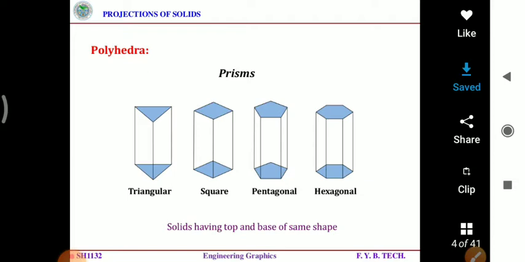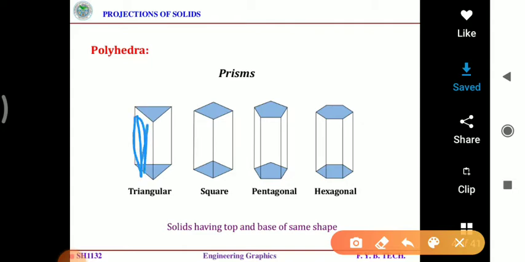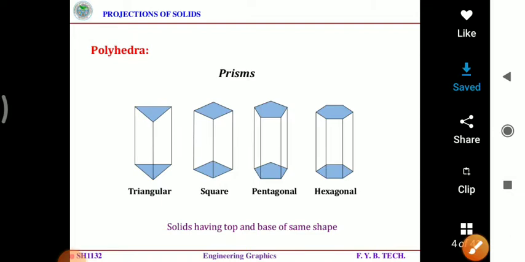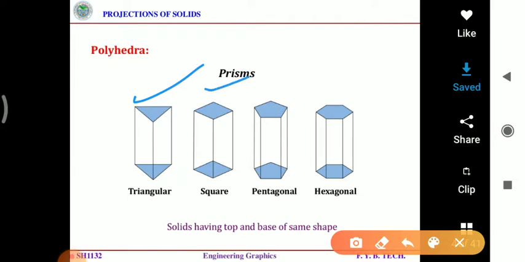You can see the rectangular faces here, and the triangle and square at the ends. This is a triangular prism, and this is a square prism.